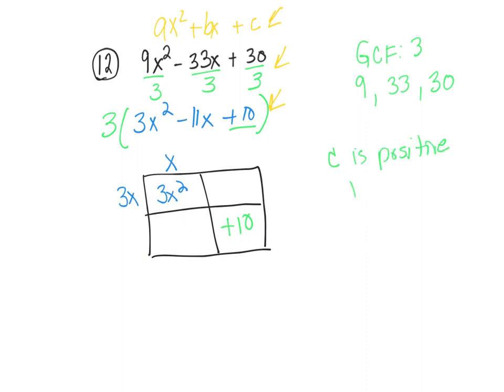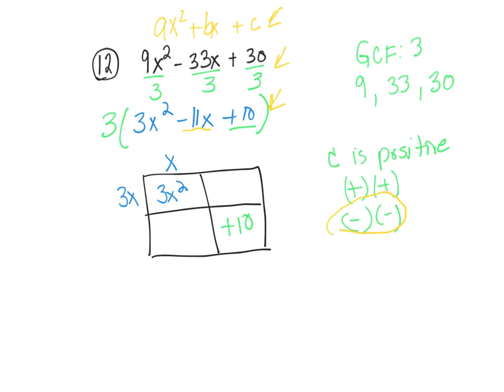We either have a positive times a positive, or a negative times a negative. And if we look at this middle term, it is a negative, so what I'm looking for is a negative times a negative.